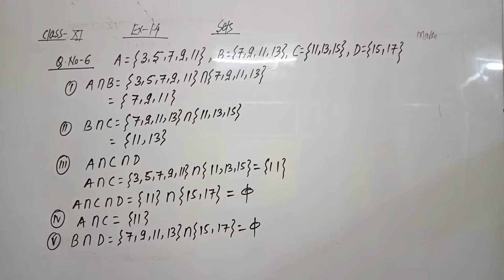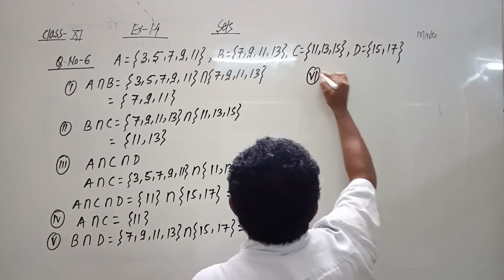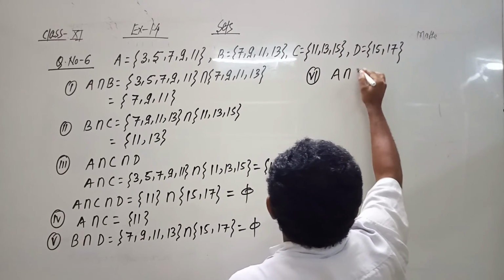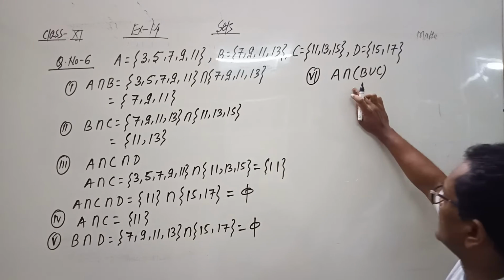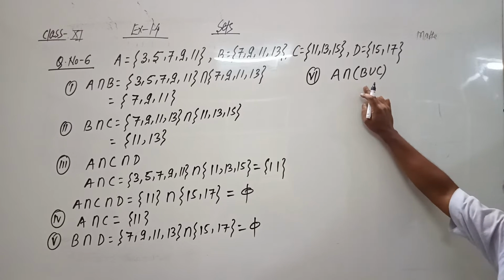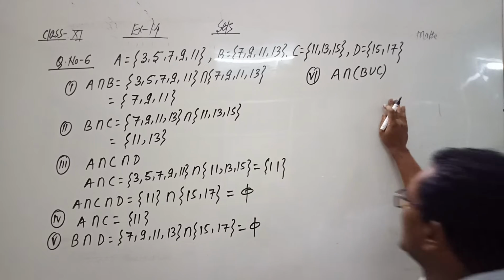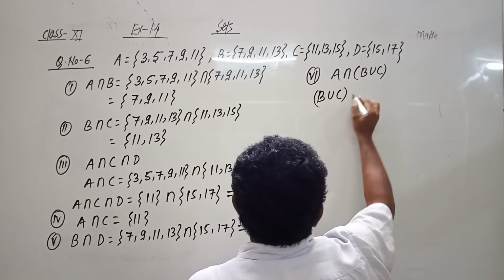Then part 6. A intersection B union C. If we have a bracket, then firstly you have to solve the bracket. So B union C will be calculated.